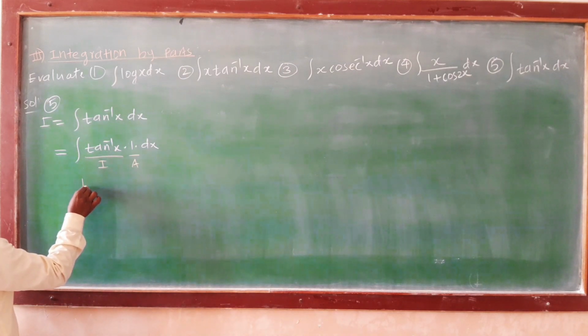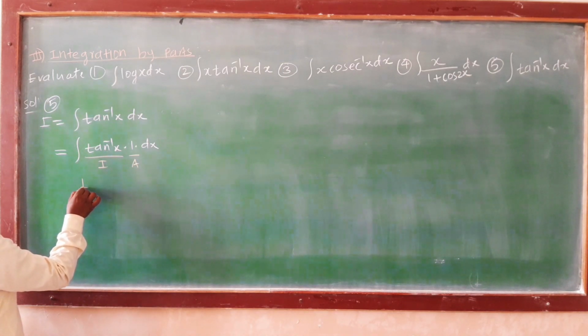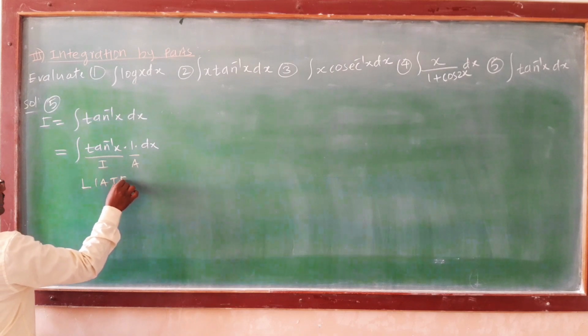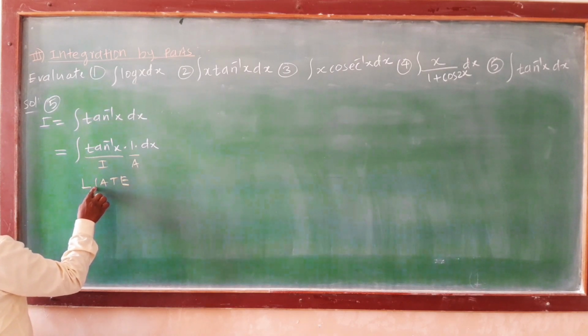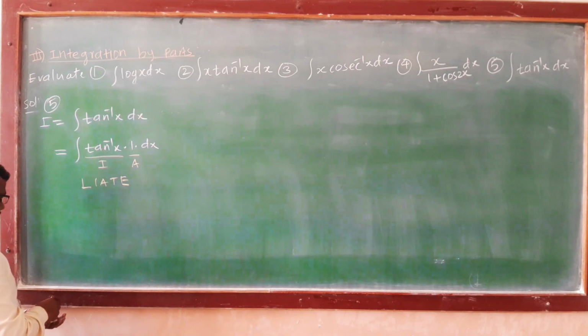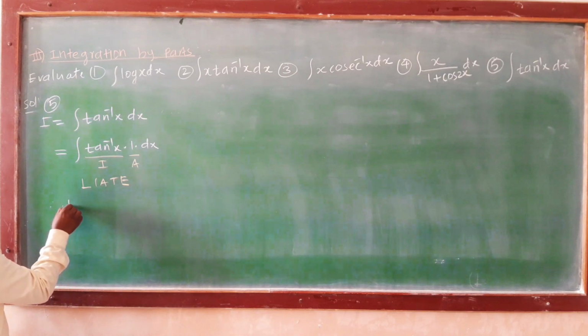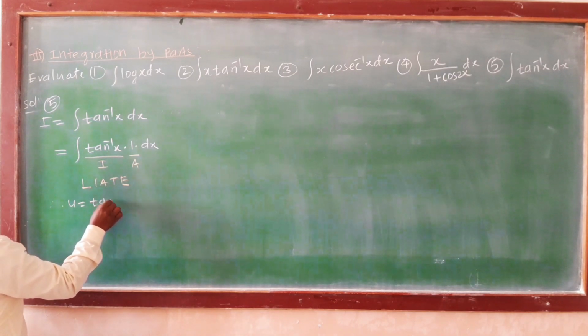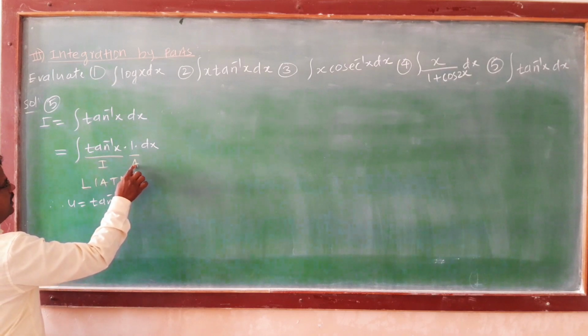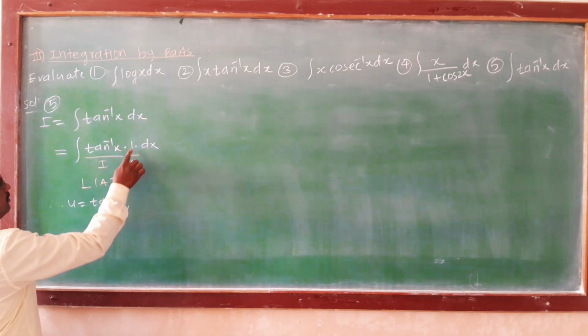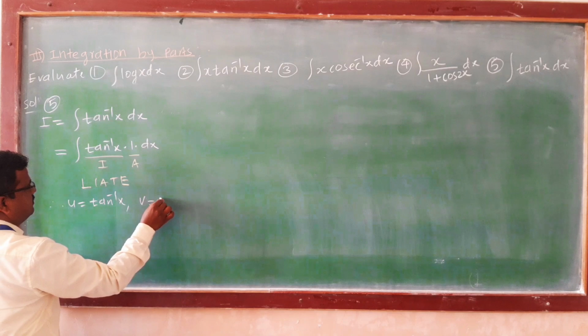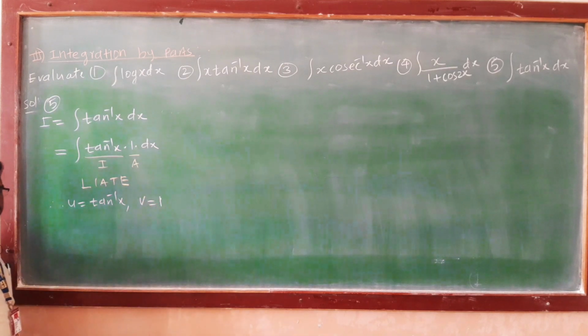So by this order LIATE, I is first. So call this tan inverse x as the first function. Therefore u is equal to tan inverse x, and algebraic is the next. Therefore call this 1 as v. Take v is equal to 1.